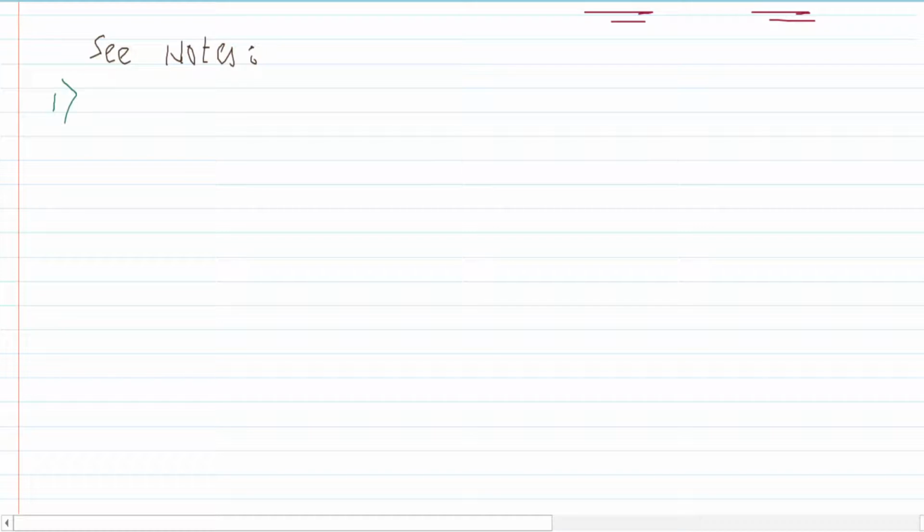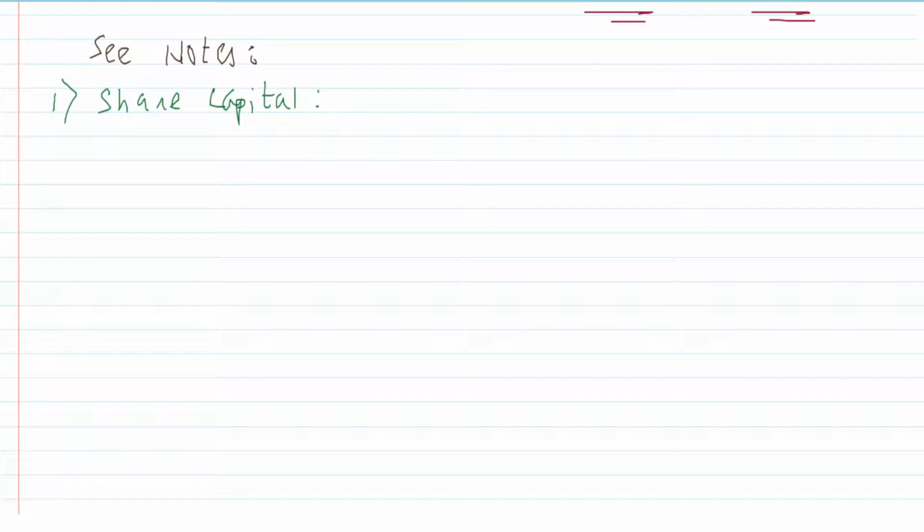Our first note is for share capital. So let's show the note for share capital. In share capital, we have equity share capital. So I first show that I say equity share capital.